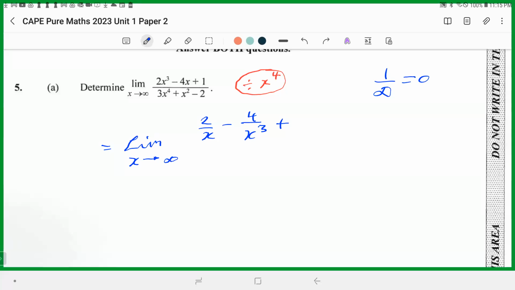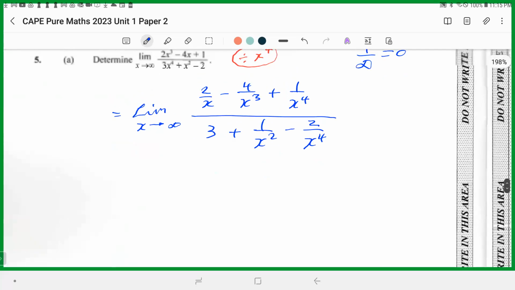This power is so big, it's just 0. In the denominator, this is going to become 3, this becomes 1 over x squared, and this becomes minus 2 over x to the fourth power. All of these are 0 now.